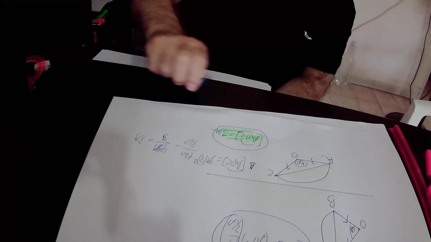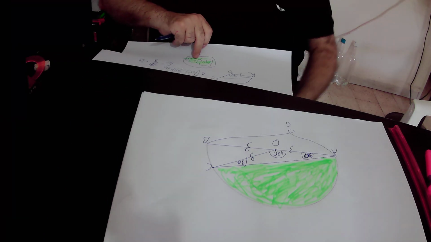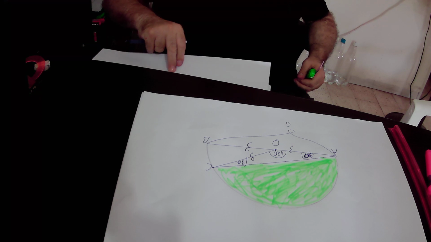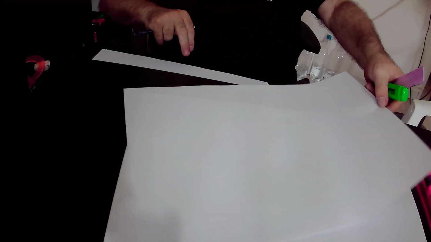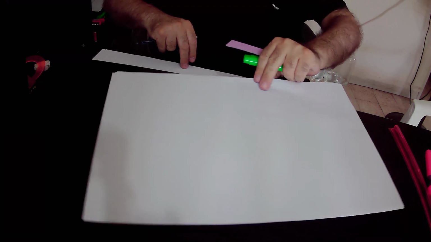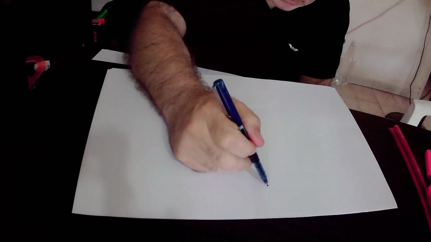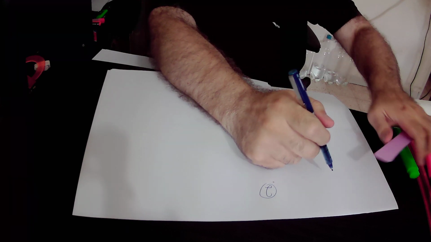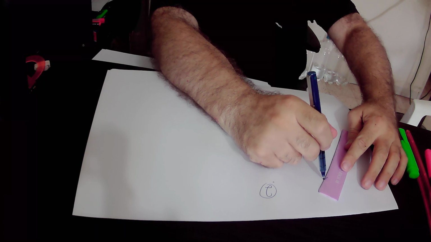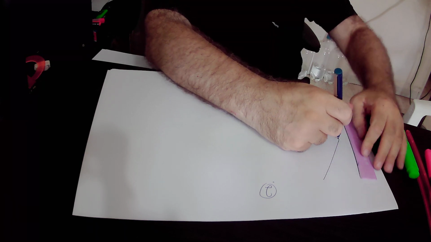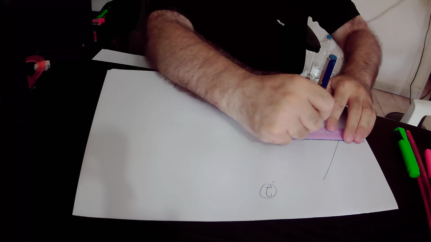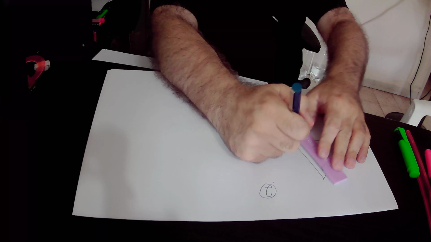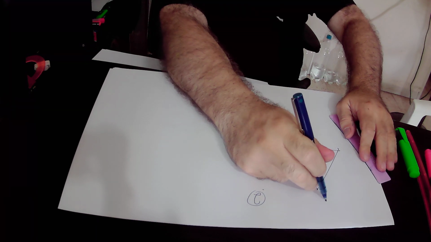In the next step, we'll find the area of triangle AOC and present to you a new formula for the area of any triangle. So if we have triangle ABC, that could be any triangle.